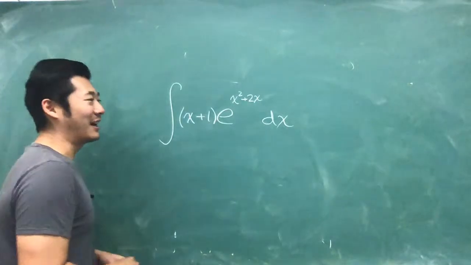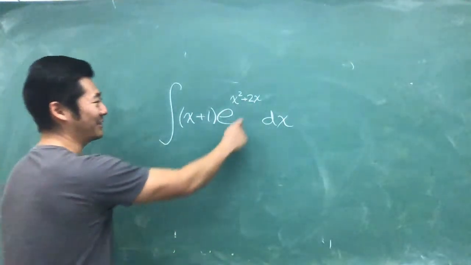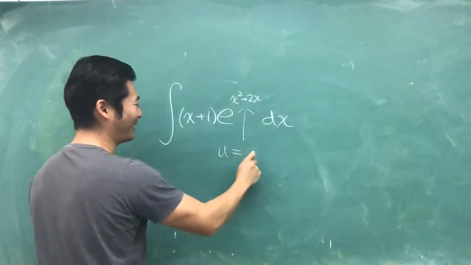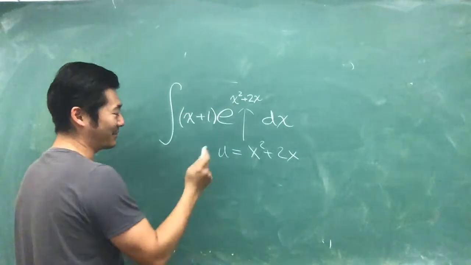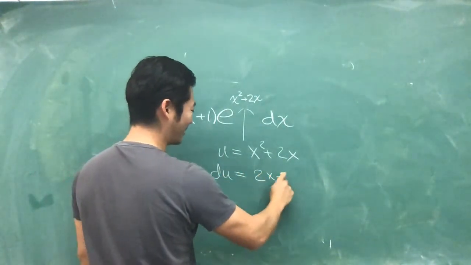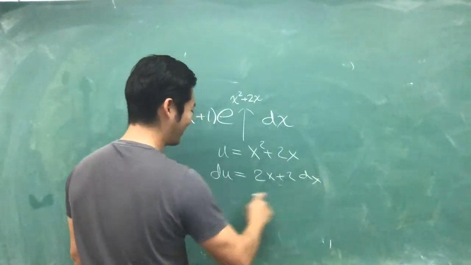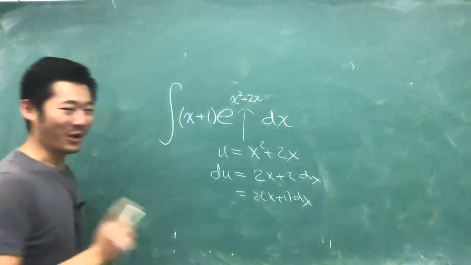I guess the trick that I wanted to use was completing the square, but you don't really need to with this one. This one you just use u as the most complicated part, and du is equal to 2x plus 2 dx, which is just 2 times x plus 1 dx. So that's kind of a boring problem.